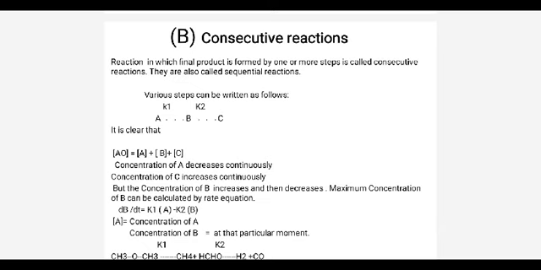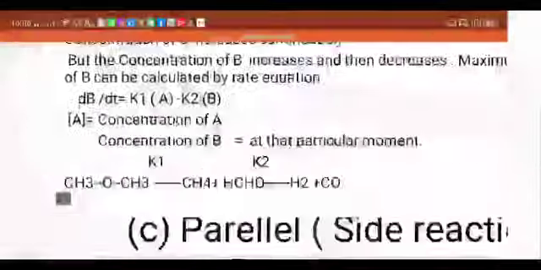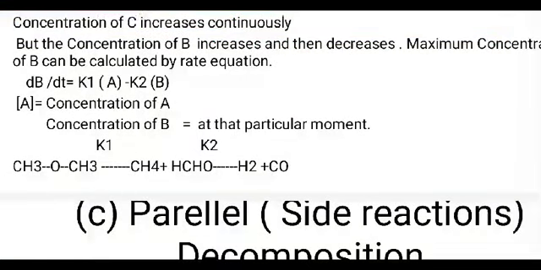Maximum concentration of B can be calculated by the rate equation dB by dt equal to K1 A minus K2 B. A is the concentration of A, B is the concentration of B at the particular moment.